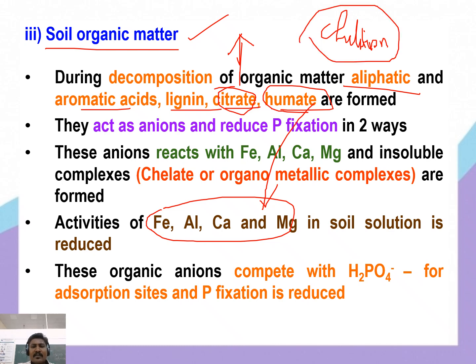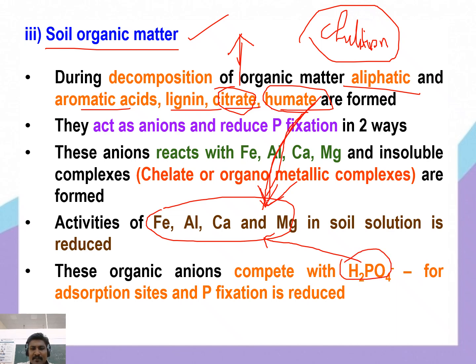Already in acidic or alkaline conditions, the phosphate ion reacts and becomes iron phosphate, aluminum phosphate, calcium phosphate, magnesium phosphate. It is in a precipitated condition. When humate or any organic acid, citrate, aromatic acid, or aliphatic acid interferes with this process in the compound, what will happen?